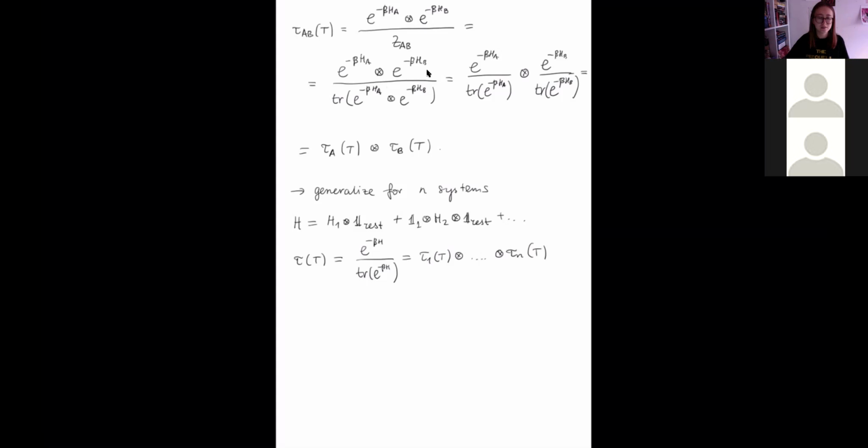Then the second property has to do with how the thermal state arises. This is a bit of a thorny way, but let's see how we can get there. And this is the way we're looking at what energy is and what temperature is.